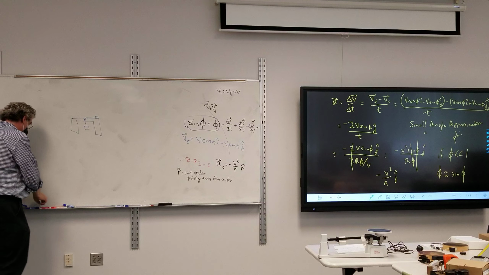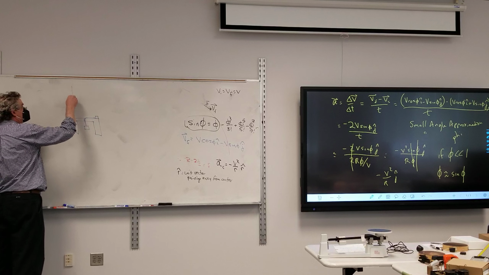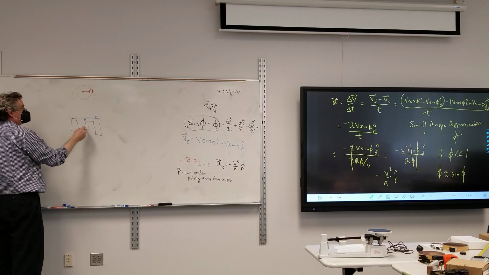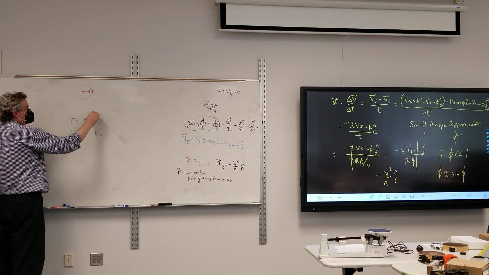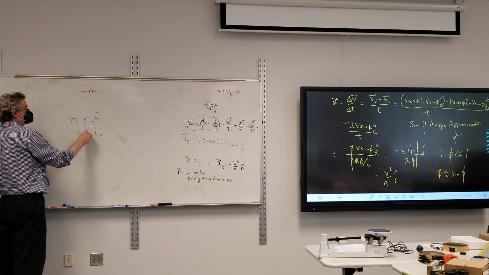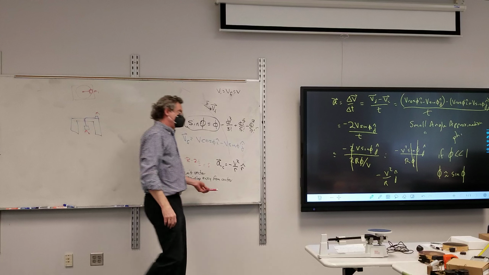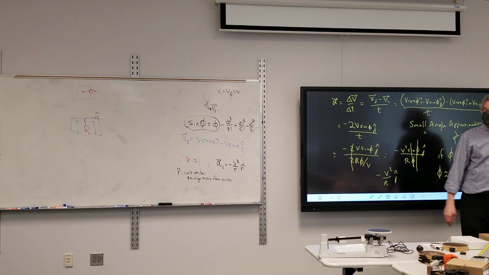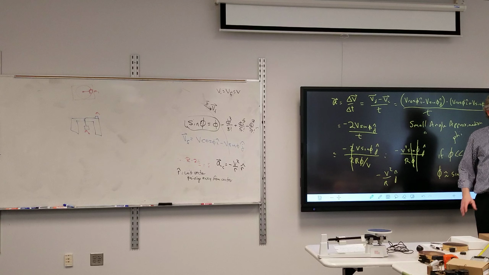From an overhead view, you've got a table, a hole in the middle, and a mass here that's going to be going around in a circle, and a string that's attached to this hanging mass down here. I'm going to cleverly call this mass 1 and mass 2. Questions about visually what's going on here?